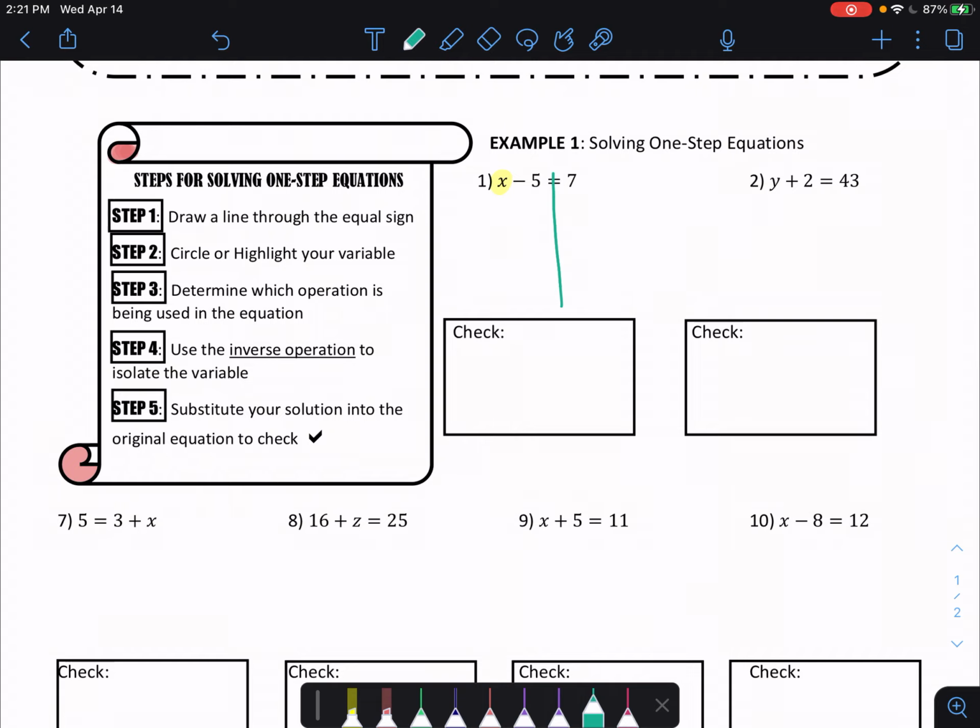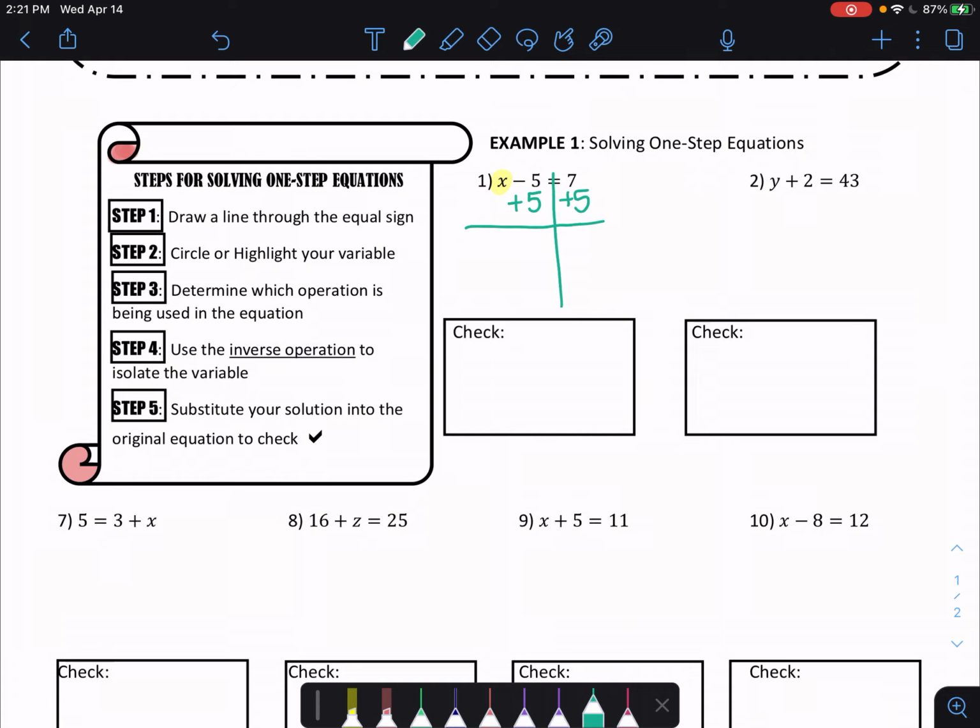Use the inverse operation to isolate the variable in step 4. So the inverse operation of subtraction is addition. So what I'm going to do is show that I'm going to add 5 to both sides. Now when I add 5 to both sides, my goal is to get the x by itself.